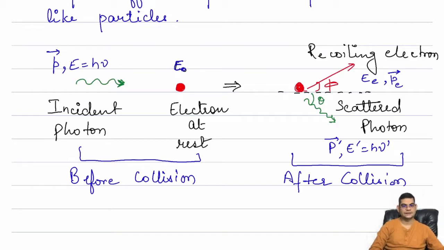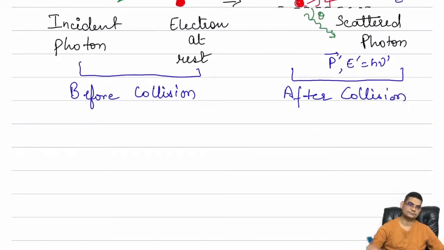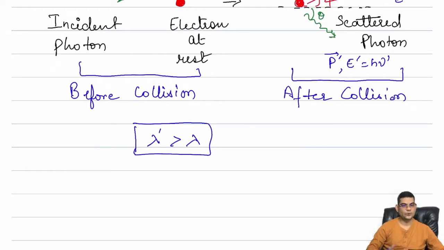Or we can say the wavelength of the scattered photon is always greater than the wavelength of the incident photon. This is an experimental fact. Lambda dash is greater than lambda. That proves the particle nature of light.